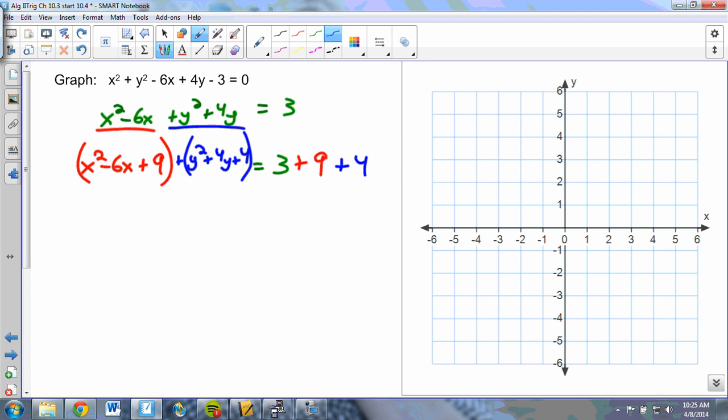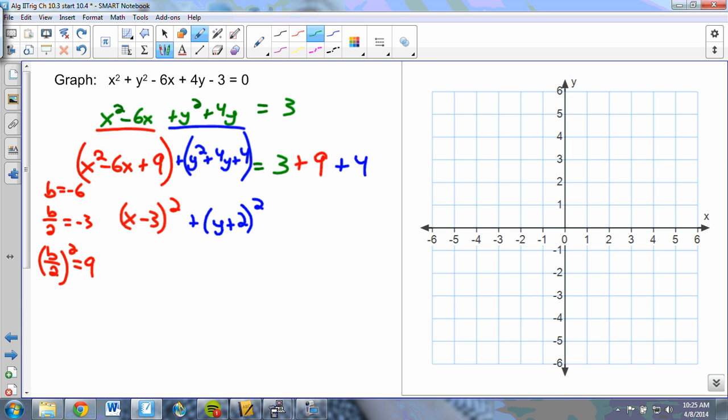Is there any question how I did those two pieces there? It's all b over 2 squared. Like if b is negative 6, b over 2 is negative 3, then b over 2 squared is 9. So now when I complete the square, I get x minus 3 squared plus y plus 2 squared equals 16.